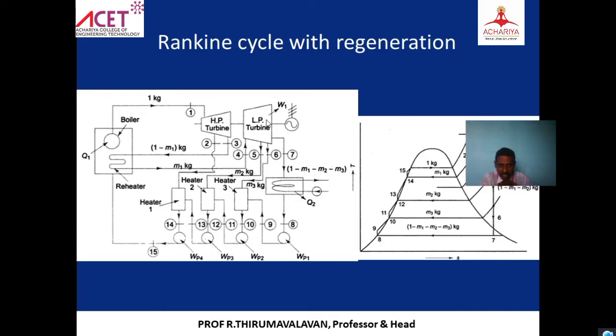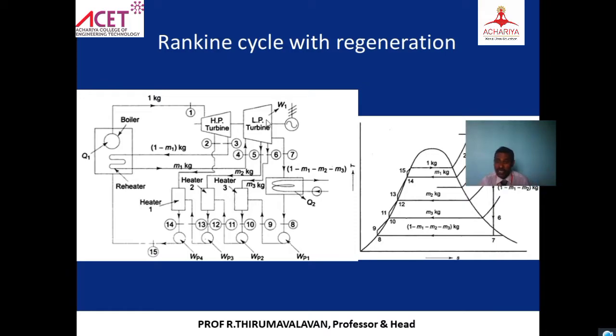Point 5 is a regeneration process, point 6 is going for regeneration. Listen carefully: point number 2, point number 5, point number 6. Those are all the places where I am taking the steam out for the purpose of heating the feed water.